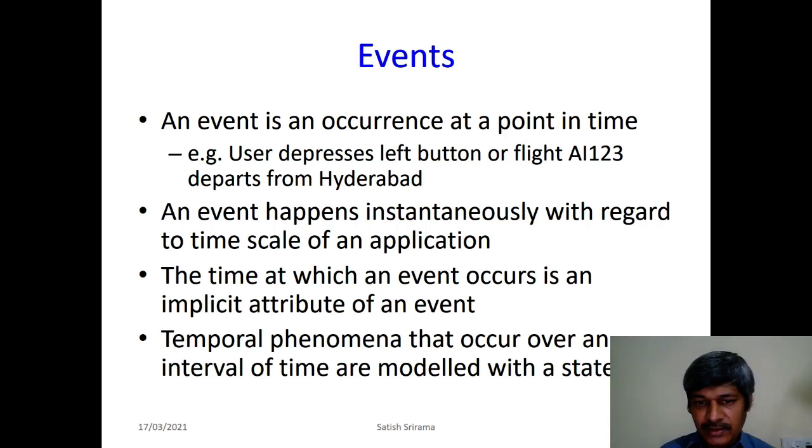An event happens instantaneously, immediately, with regard to the time scale of an application. Is it exactly at that moment? It may take some time, but as far as the application is concerned, it is thought of as happening instantaneously.